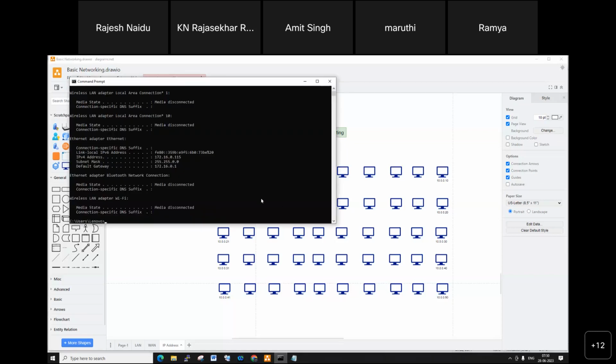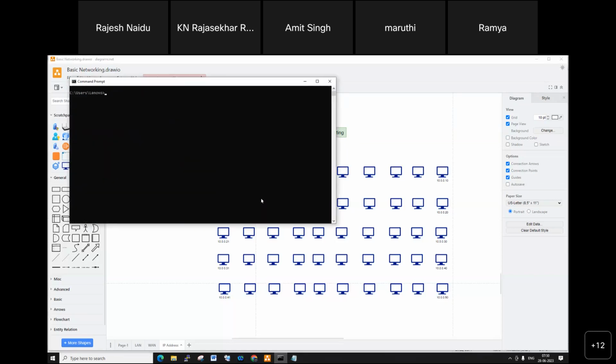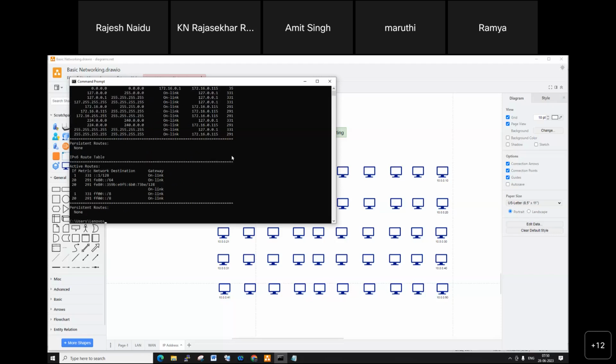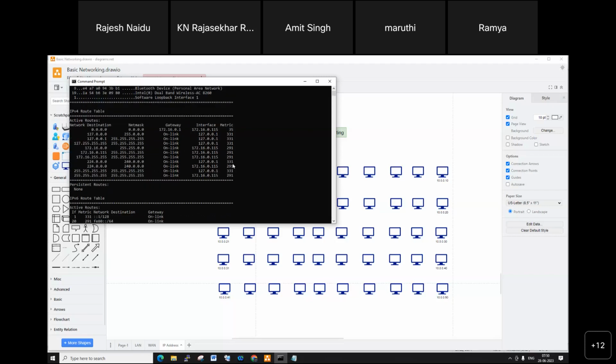Go to your command prompt. There is a command called route print, route space print. These are the active routes. Based on these active routes, I can communicate with each other.